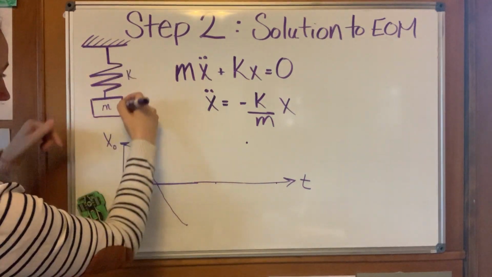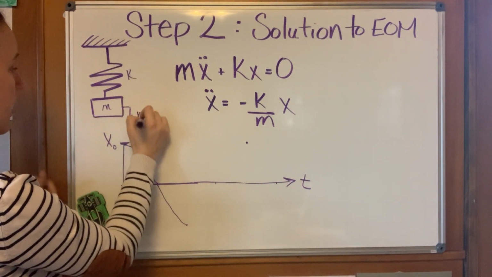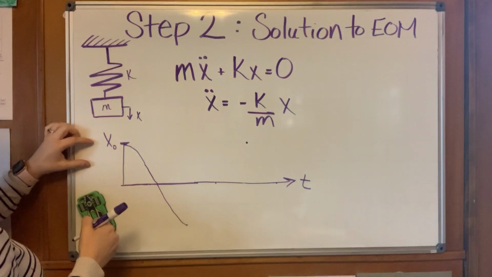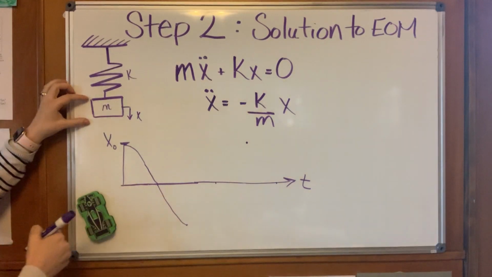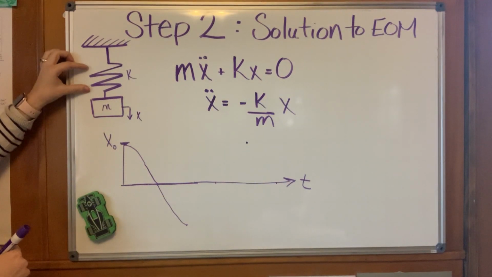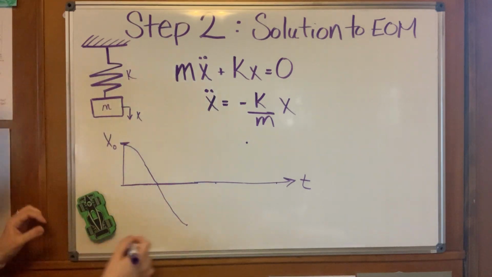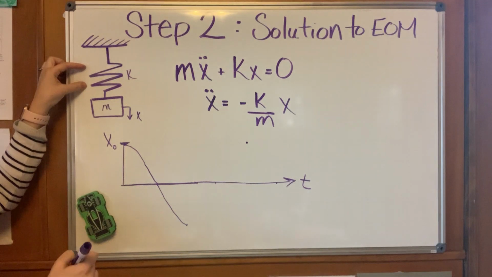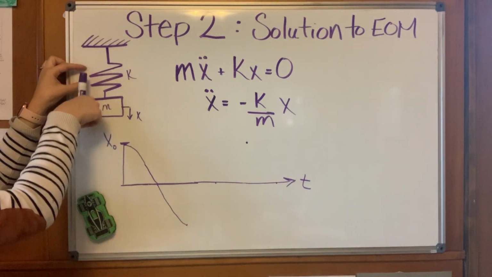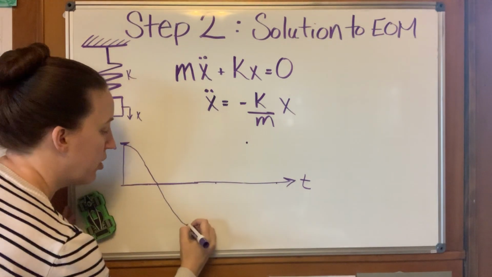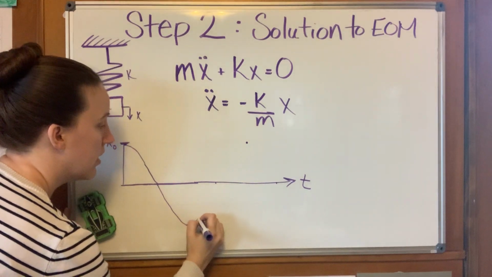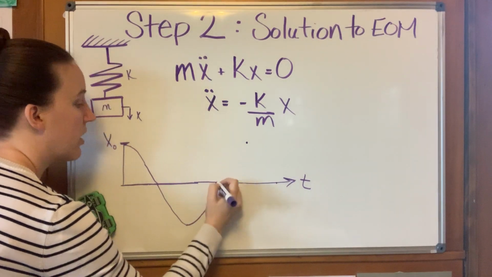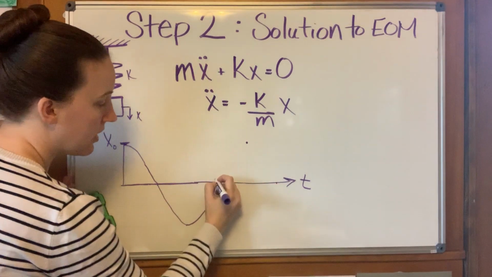So if we think about this as x, we pulled it down, started here, it goes past the equilibrium position, and then up here again to some maximum position, which is here. And then, oh look, now at this maximum position, the acceleration is in the opposite direction from the position, so that pushes it back towards the center again, and when it comes to the center, it has 0 velocity.